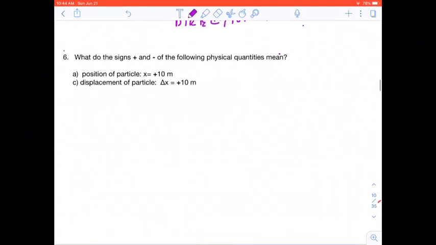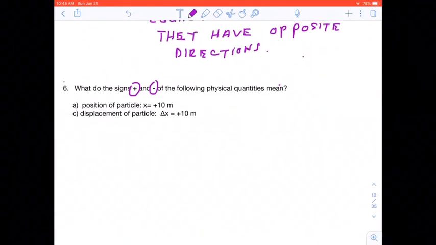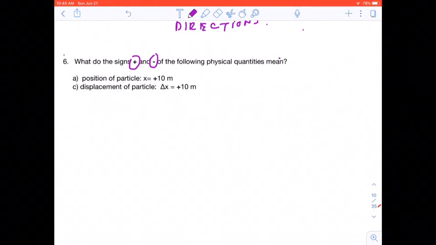Now, what do the signs plus and minus of the following physical quantities mean? This is important, and you need to take note of this, because in subsequent lessons we're going to be dealing with the sign of vectors, and you need to know what they mean under specific context.